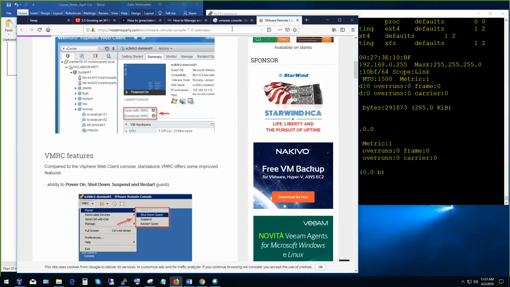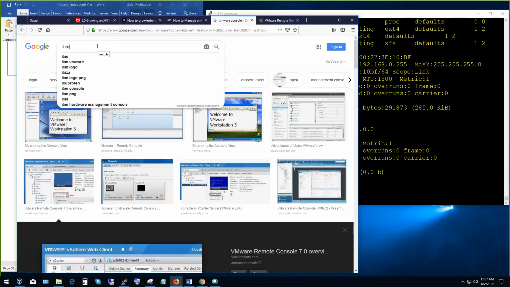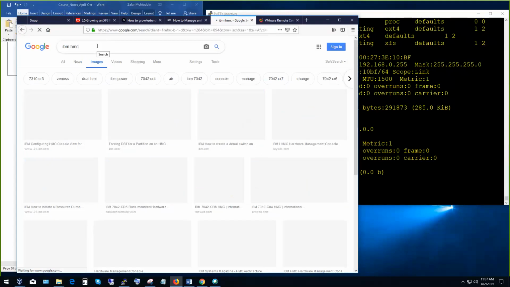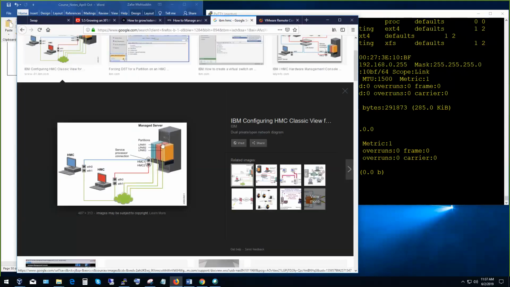And what if it's a physical box? If it's a physical box, then you connect using IBM, if it's an IBM console. IBM has two ports here, and one port is always connected here, and this is the little box.